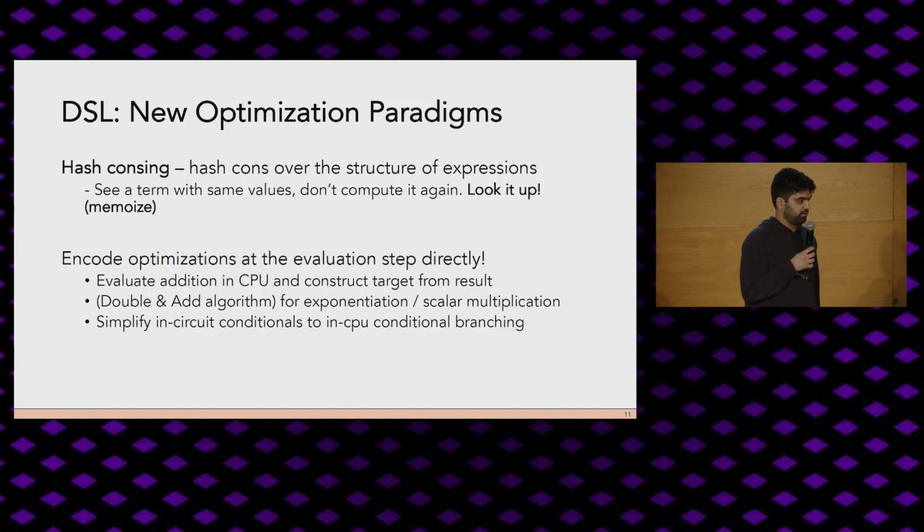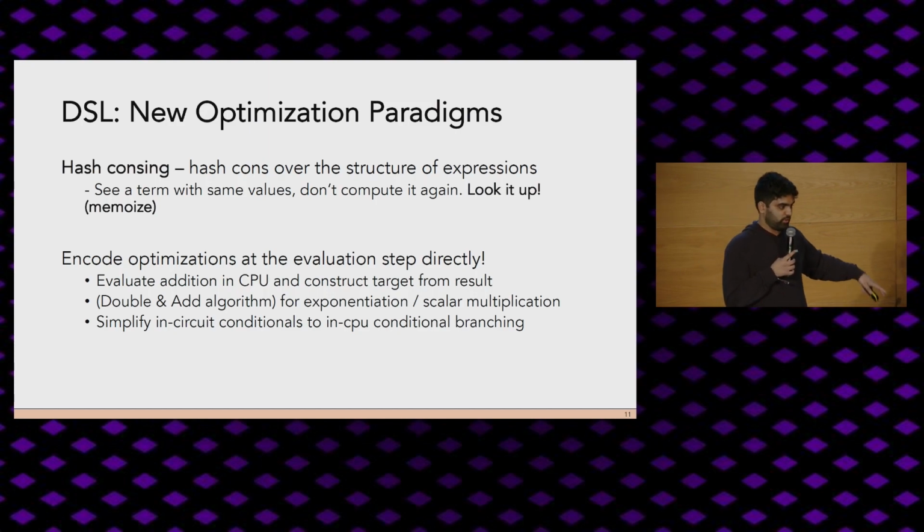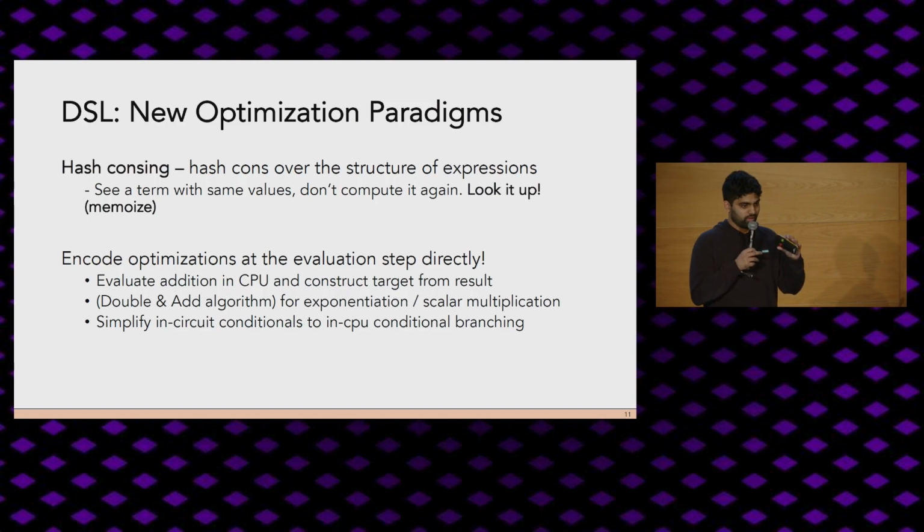Another example is scalar multiplication or exponentiation. You can directly encode the optimal algorithm for doing that. The naive implementation is exponential. If you use double and add, it's linear, effectively. So it reduces the complexity exponentially, and you can directly encode this in the evaluation step, so every time you use that function, it's already being optimized.